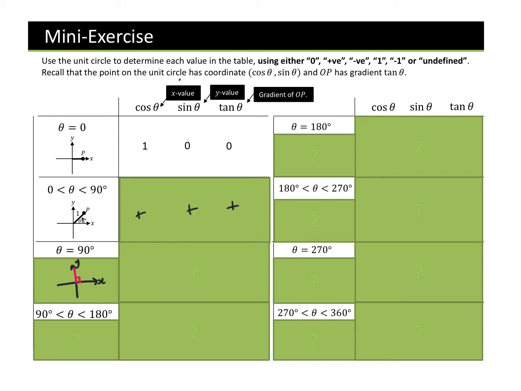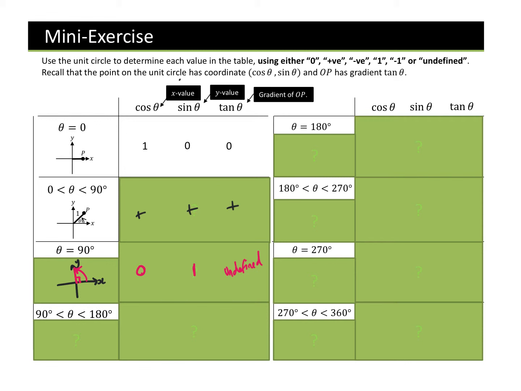This is my 90 degree angle, so here's my angle. There's my theta. What do we know? We know that cos is 0. Our sine value is 1. And our tan is undefined, because we know that's where the asymptote is, because it doesn't have a gradient.